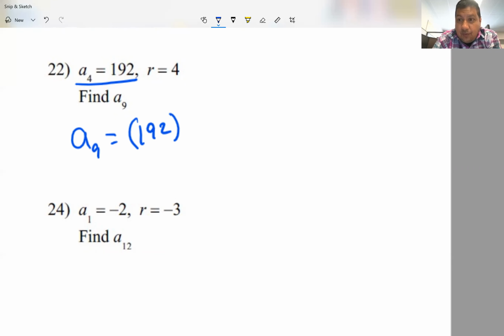The ratio is 4. So I'm going to multiply that number times 4 to an exponent, right? If I gave you the fourth number on the list, then you're like, all right, how many more times? Because I multiply once to get to the 5th number, to the 6th number, to the 7th number, to the 8th number, to the 9th number. So it seems like I need to multiply by my ratio 5 more times.